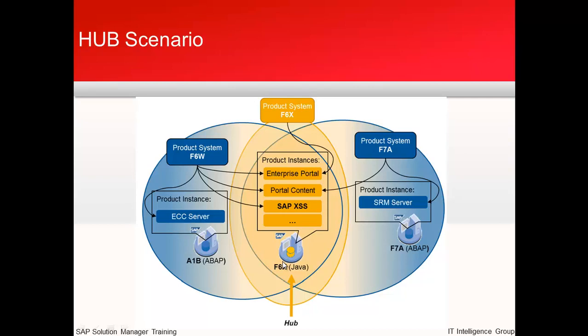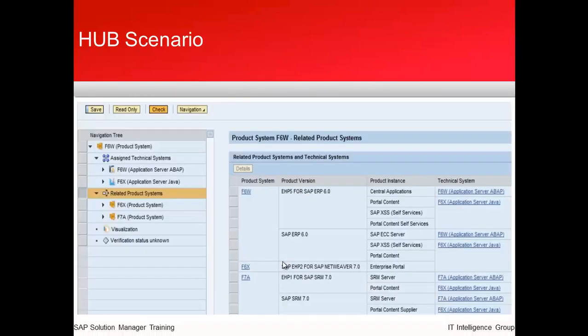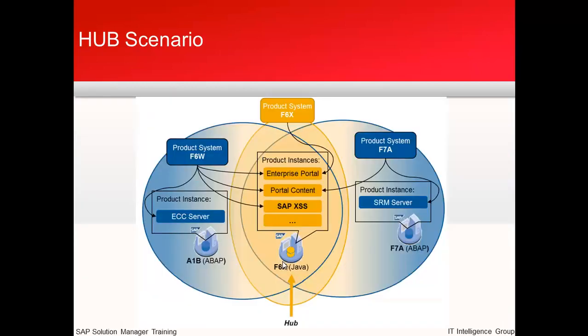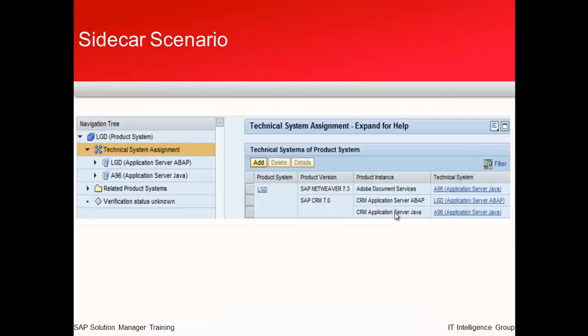F6X. This system is used in both product systems. So this system is used in this system as well as in this system, and we define that as a hub system.